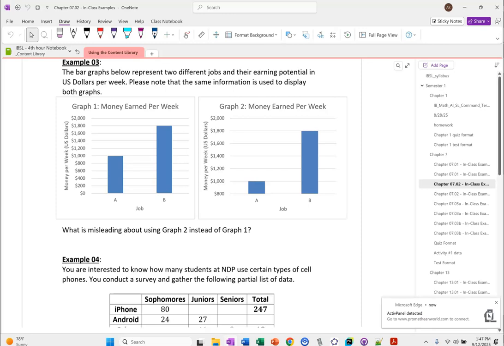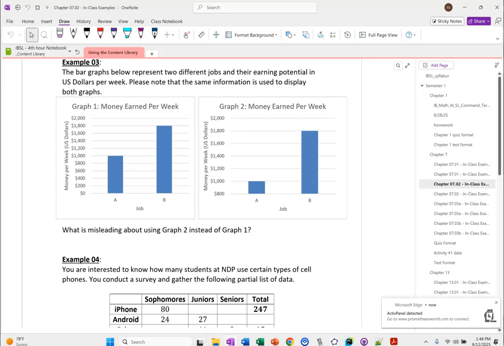Because I look and I see that they're both going up by $200 increments. And there's the same number of increments between job A and job B on both graphs, but you're onto something here. I can't really read the numbers from back here, so. Oh, okay. But, yeah. Alex? Yeah, graph 2 doesn't start at $0. So if you look at graph 2, it looks like job B is 5 times more lucrative than job A, right?